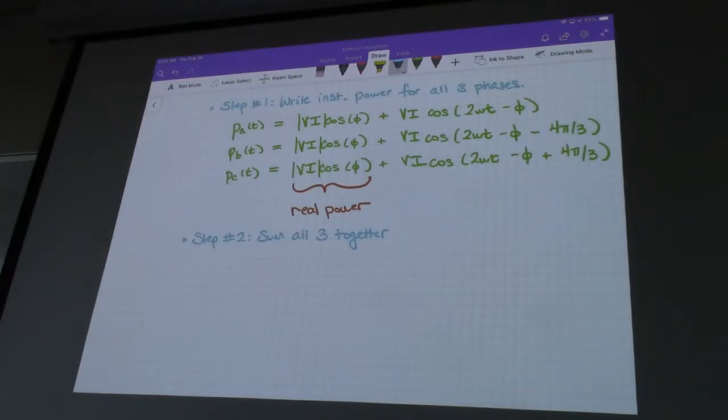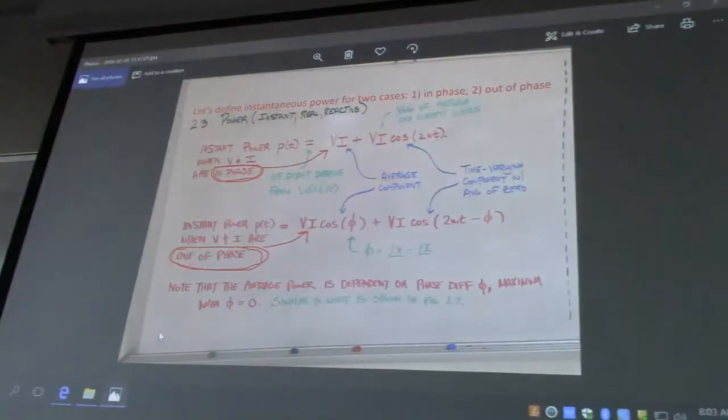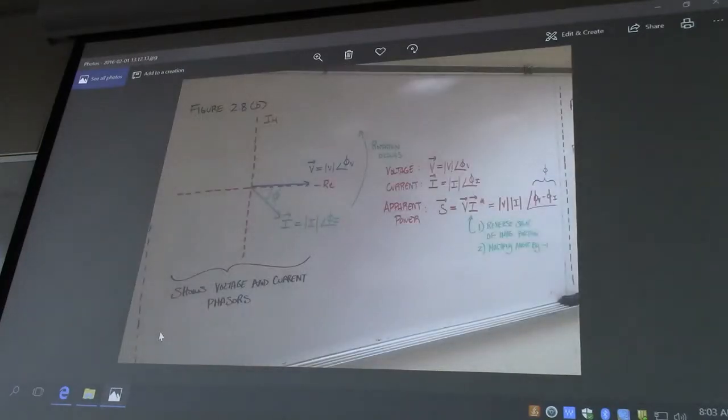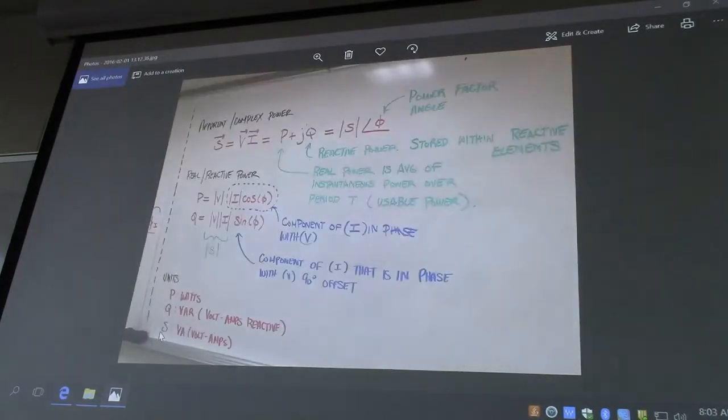No, in the instantaneous form, they're both cosine. If you go back, this is the old version of the notes. So, in the instantaneous form, they're both cosine. What you're thinking of is when we calculate the reactive power.